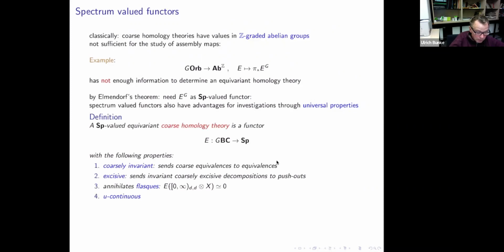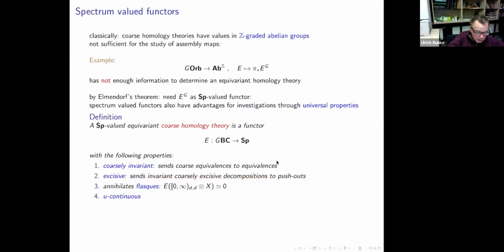So what is a spectrum valued equivariant coarse homology theory? It's just a functor from this category I just explained to spectra, and it has the following four properties. It's coarsely invariant, so it should send coarse equivalences to equivalences. This is one of the basic ones. Then it should be coarsely excisive, sending coarsely excisive decompositions to push-outs.